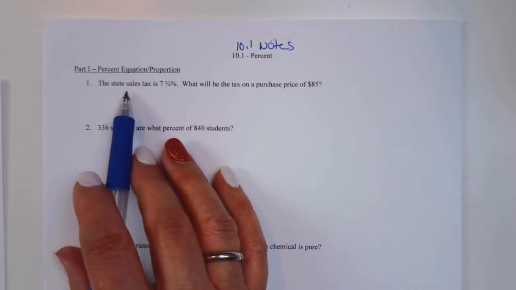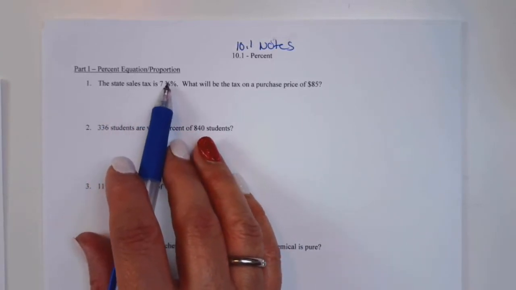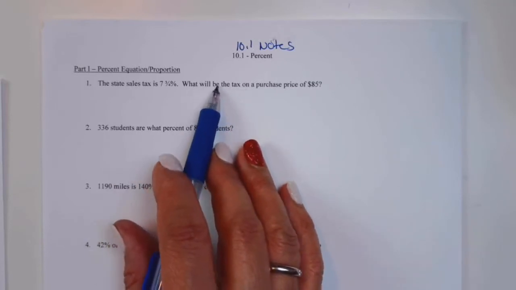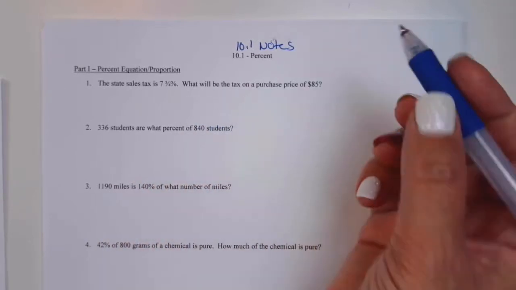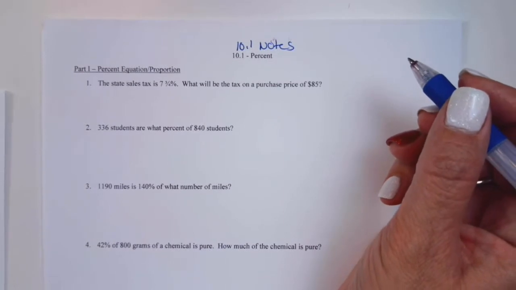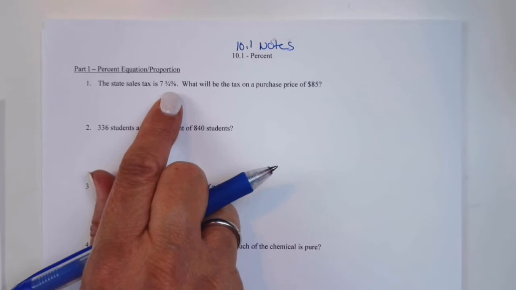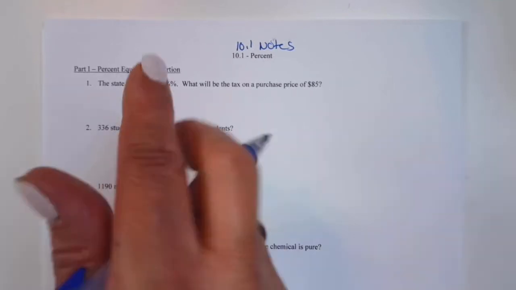Number one, the state sales tax is 7.75%. What will be the tax on a purchase price of $85? So before we can do anything with these percents, we are going to have to convert it to a decimal.